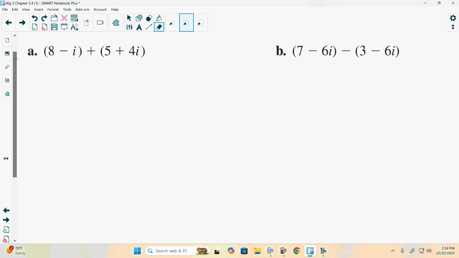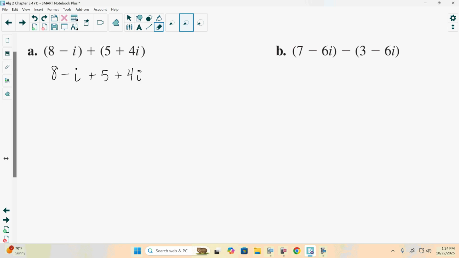For the 8 minus i, there's nothing in front of the parentheses, so we can drop them, and we have 8 minus i still. Since we have a plus in front of our second set of parentheses, we can drop it. We don't have to distribute a negative if we're not subtracting. And we get this here.